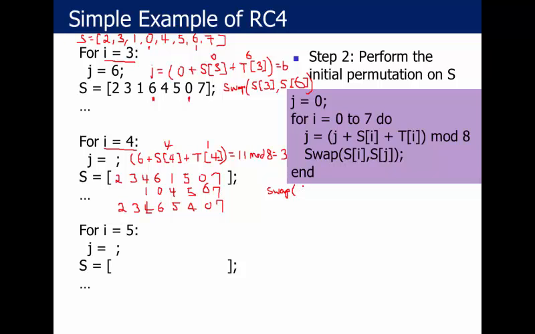Swap S of 4 and S of 3. So from here, 0, 1, 2, 3, this and that. Then 2, 3, 1, 4, 6, 5, was 4.